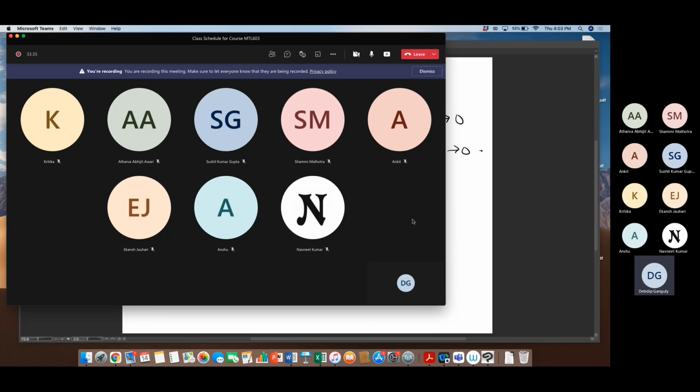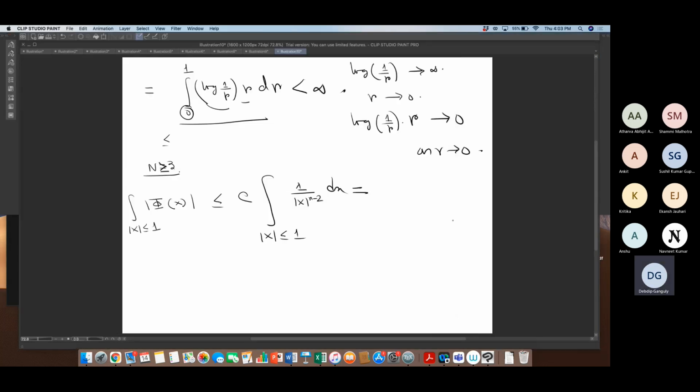Shammi will tell. This integral, what can I write in polar coordinates? Shammi, tell me what I can write.